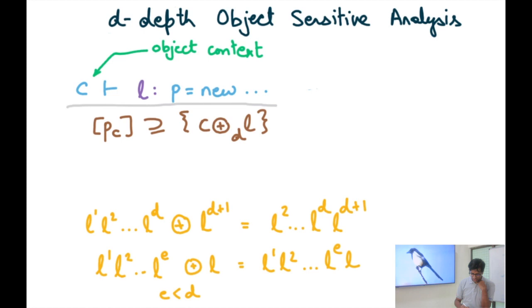So for example, L1, L2, L3, ..., LD, concatenated with LD+1 is just going to give me L2 ... LD+1. So I'm going to just forget the L1.